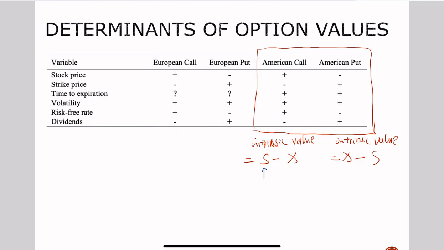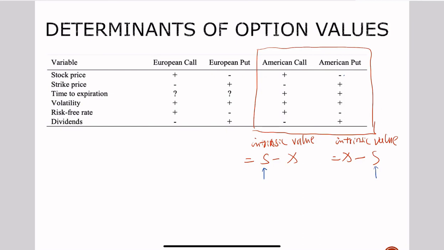The American put would be the opposite, right? You can see this from the intrinsic value. If the market price is higher, now you can see that the intrinsic value of your American put option is lower. So in this case, the American put should be less valuable. So you should have a negative sign here, right?